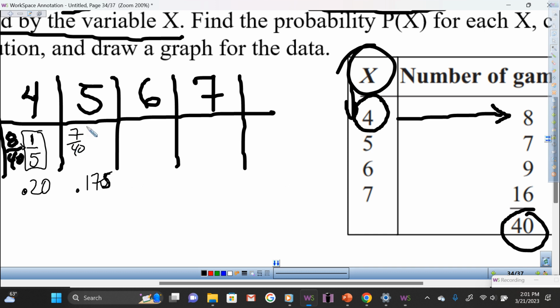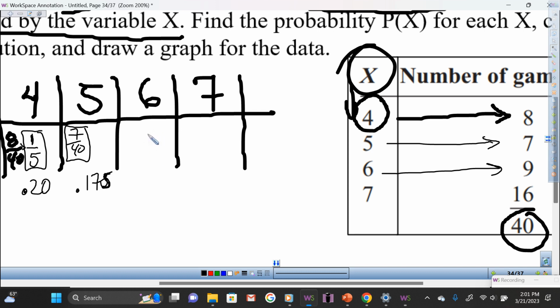All right, help us with the next one. Andrea. .22, how'd you get that? Nice.